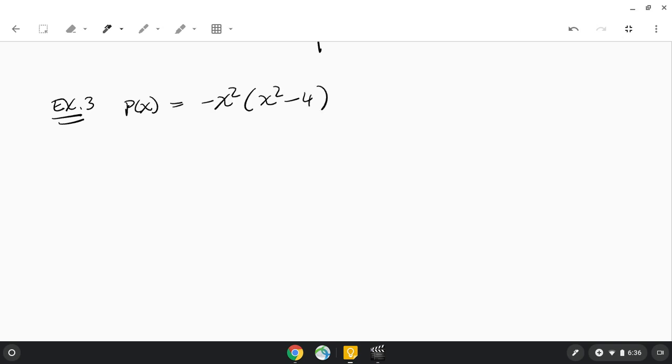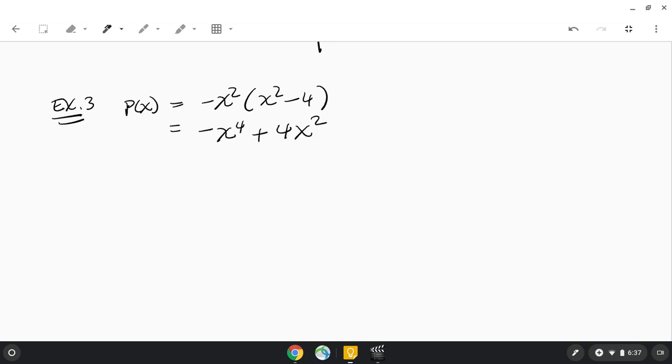So again, this is written in a way where this form doesn't allow us to find the end behavior, and it also doesn't allow us to find the zeros. So let's go ahead and multiply this out. So we get -x to the 4th plus 4x squared.